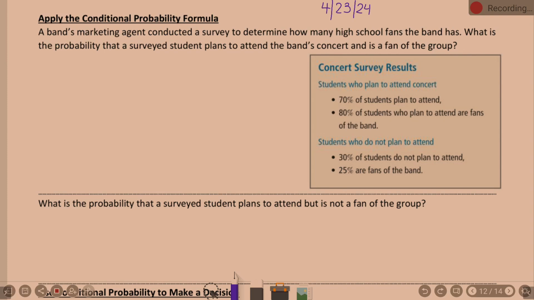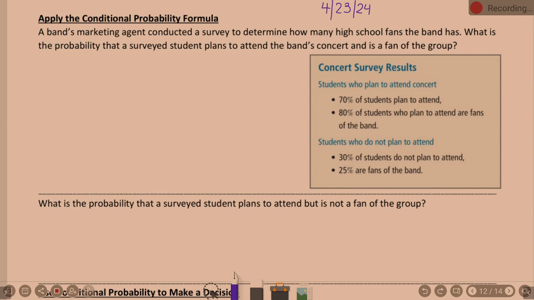And some of this also depends on the fact that we have limited information. It's not like we have the data where we can come up with various probabilities. We have this limited information here that we're going to use. So it talks about a surveyed student plans to attend the band's concert, and at that point we're talking about them being a fan.